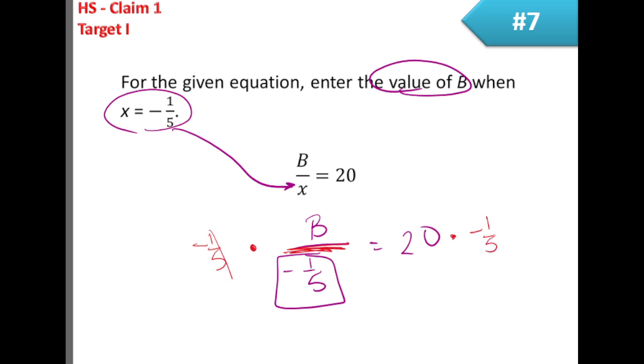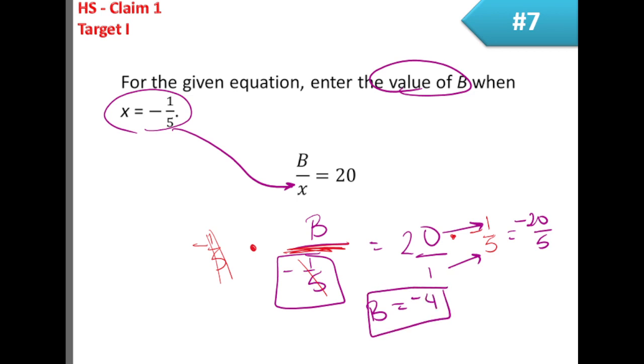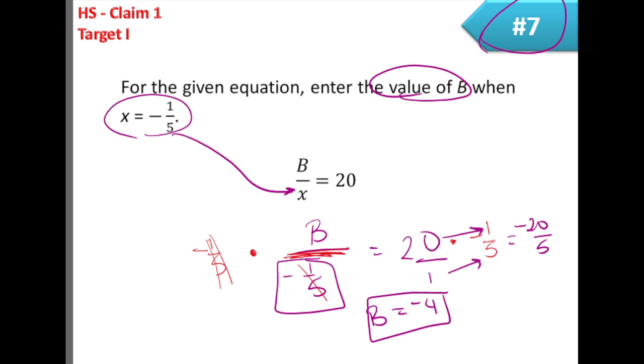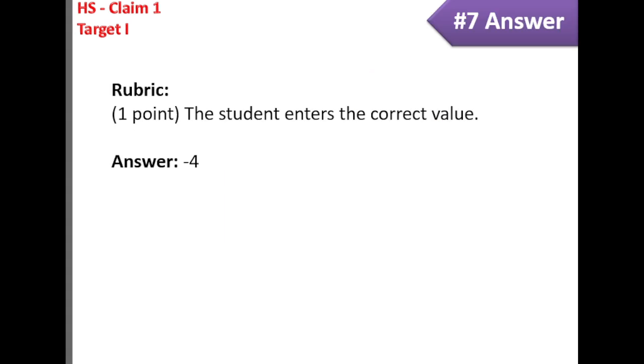And I was pretty impressed with some of you who figured this out. So b is equal to, remember, when you're multiplying fractions, multiply across. So that's -20/5, which is -4. Again, you won't be able to use the calculator here. So make sure you know your times tables, or just create one when you take the test.